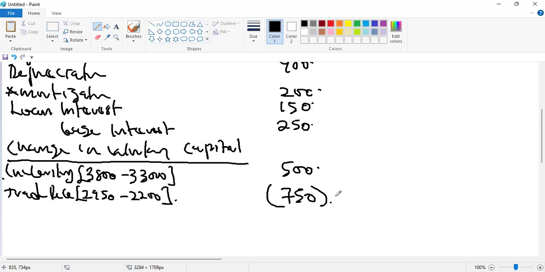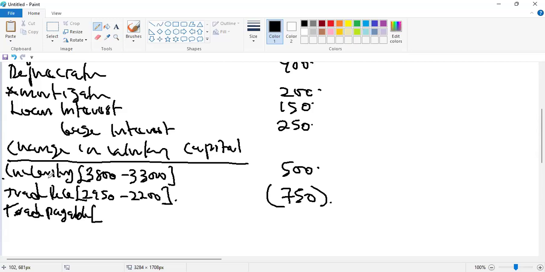Then trade payables. Trade payable at the beginning, 2,1. At the end is 2,650. Increase in liability, cash inflow.